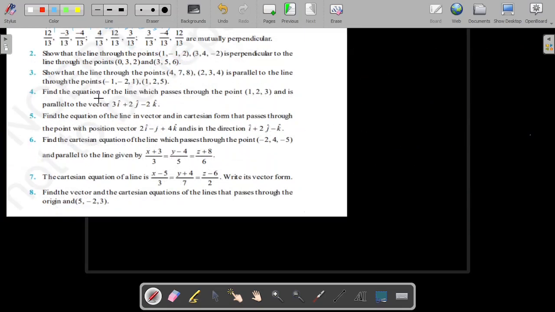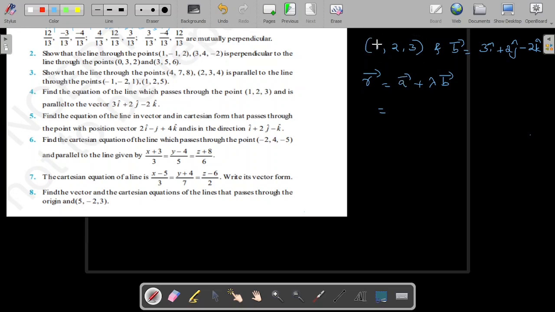Fourth question, find the equation of the line which passes through the point 1 comma 2 comma 3 and is parallel to the vector b equal to 3i cap plus 2j cap minus 2k cap. So this is given in the question. Find the equation. You can find both the vector equation and the Cartesian equation. So the vector equation is a vector plus lambda into b vector. The a vector is the position vector of the given point.